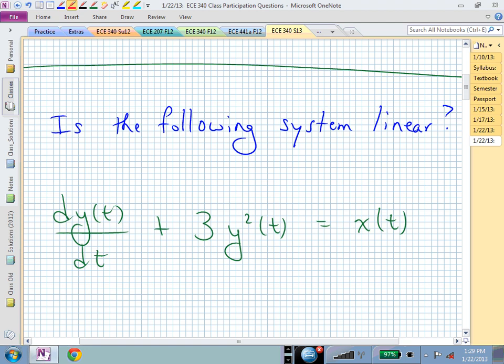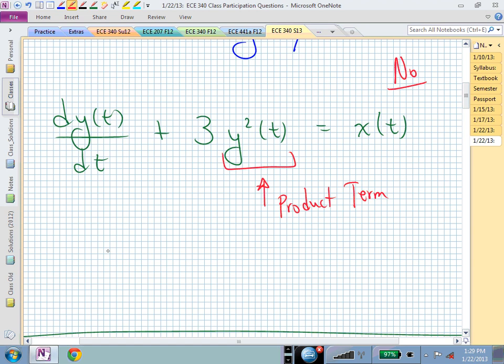This product term says that this system is not linear. So this whole system is nonlinear.